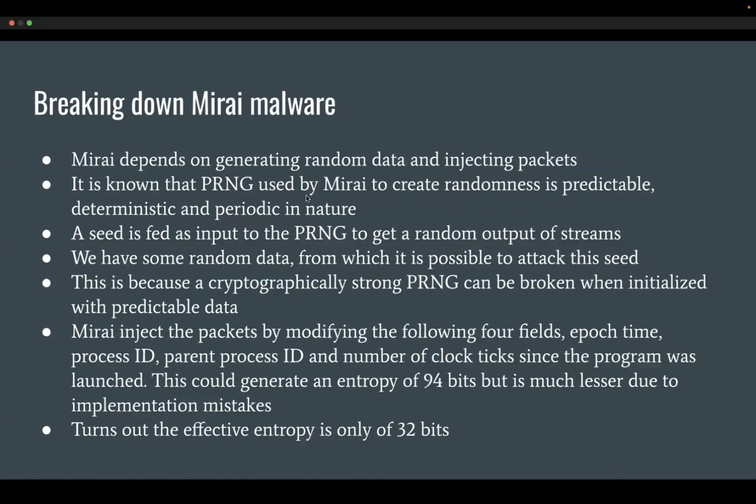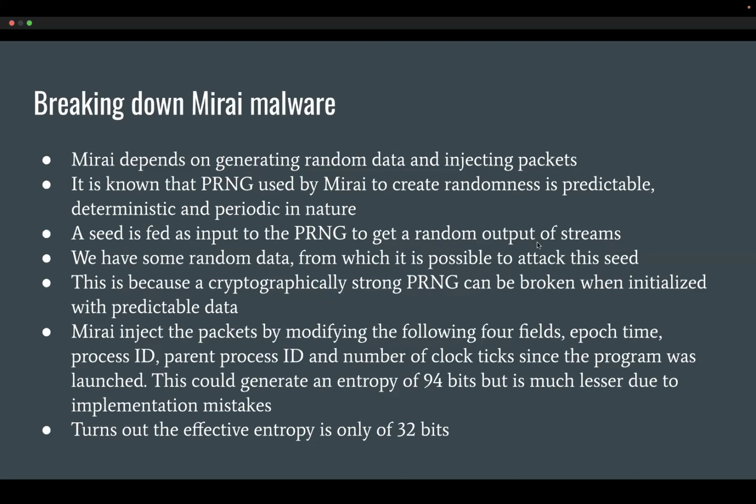Further breakdown, we have seen that Mirai depends on the randomness RNG algorithm, and it injects these random values into the packets. We have also seen how RNG algorithms, one major characteristic makes it predictable and deterministic and periodic in nature. The way PRNG, that is your algorithm to create these random values, works is that a seed is fed to get a random output of streams.